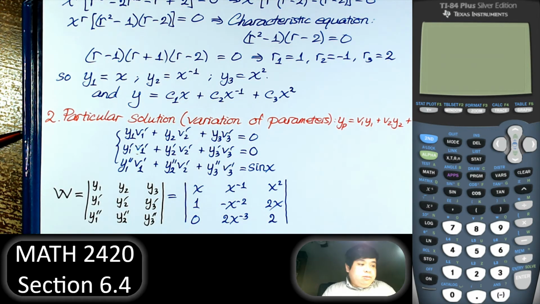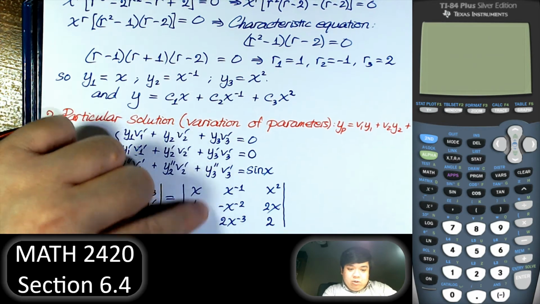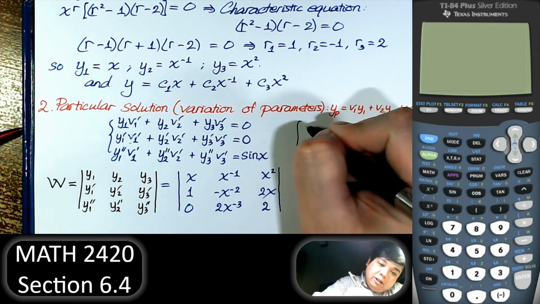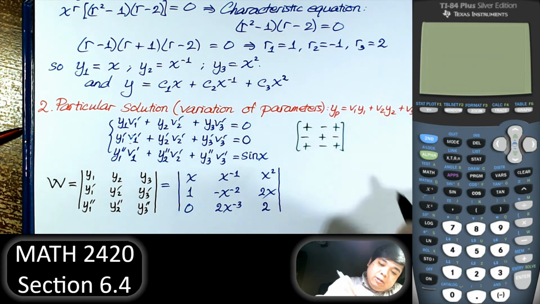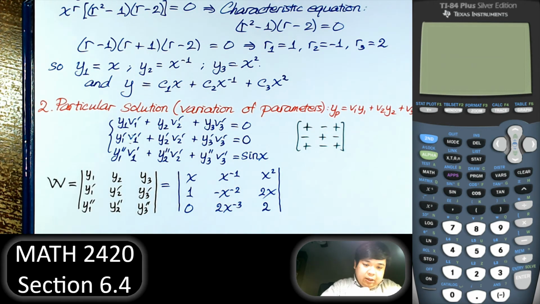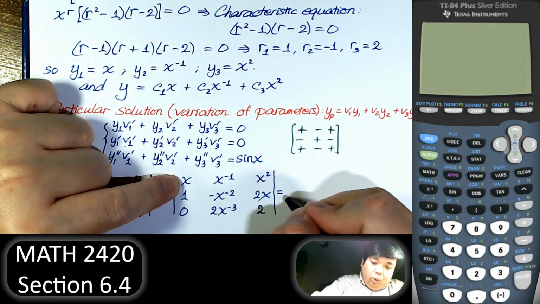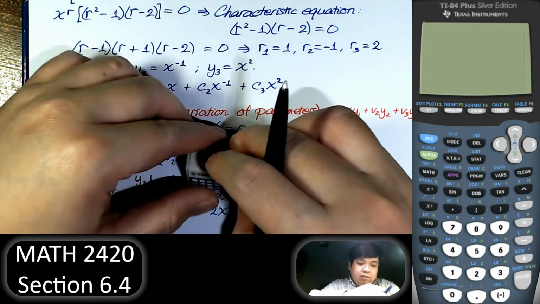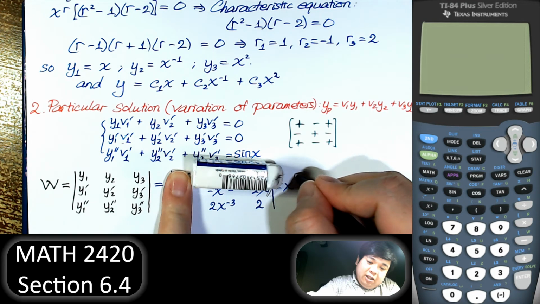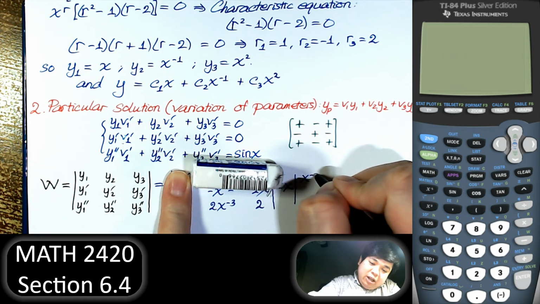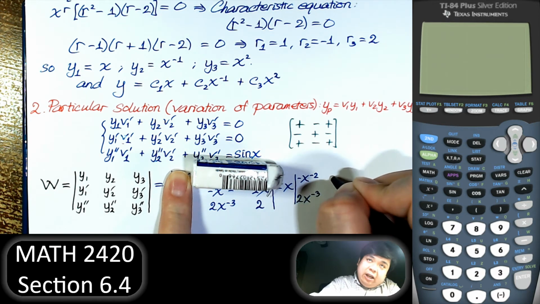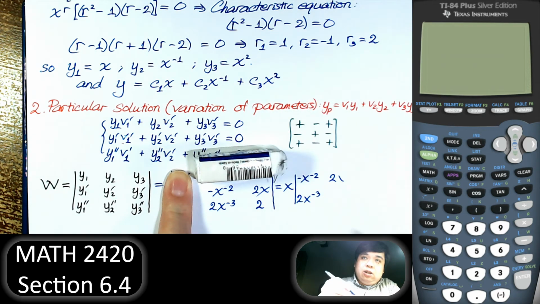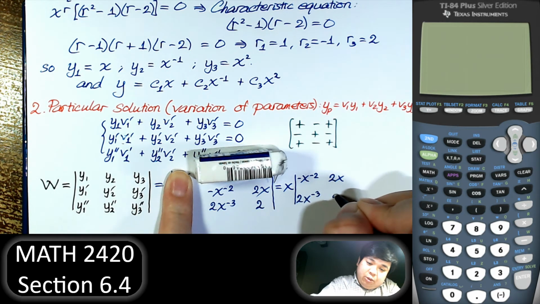Right, a 3 by 3 determinant. I will use the first column here. First, we have x. Cover the row and the column of x, and we end up with negative x to negative 2, 2x to negative 3, 2x, and 2.